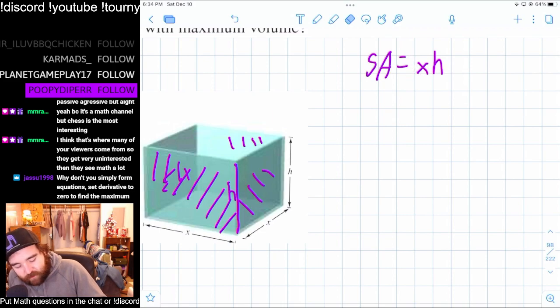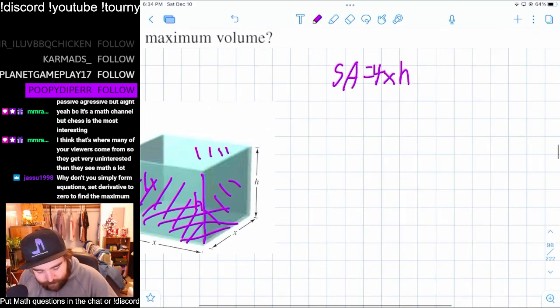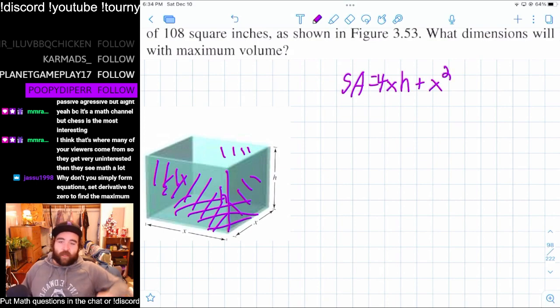So we actually don't even have 2 X times H's. We have 4 X times H's. And then we've got the bottom, which is X times X. And we don't have 2 of those because the top is open. Okay, so that's our equation for the surface area.